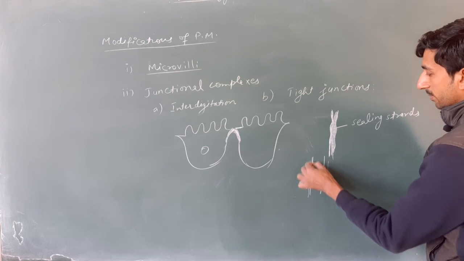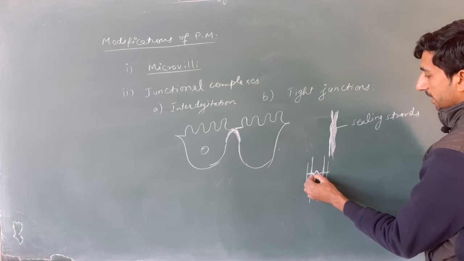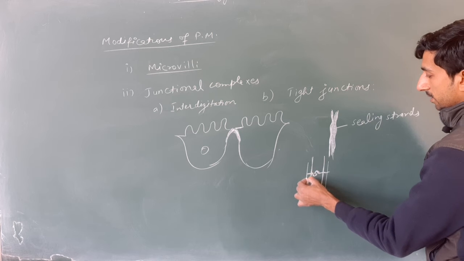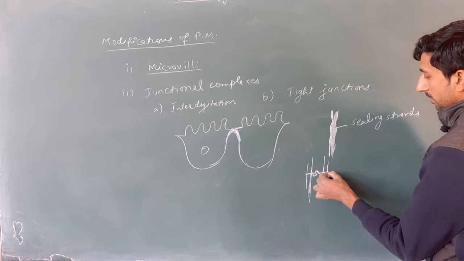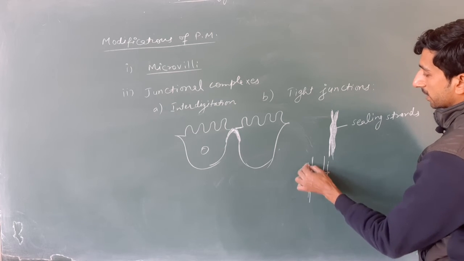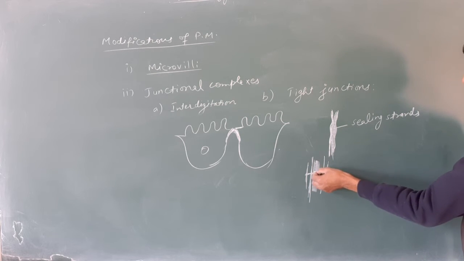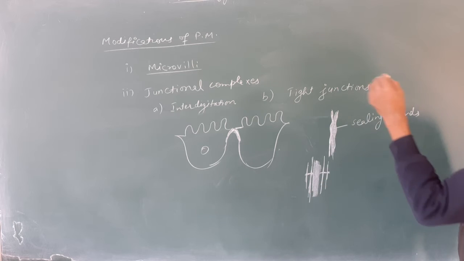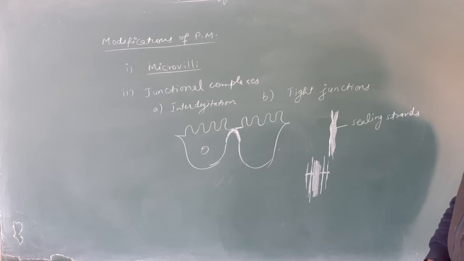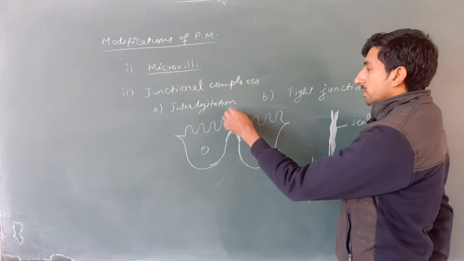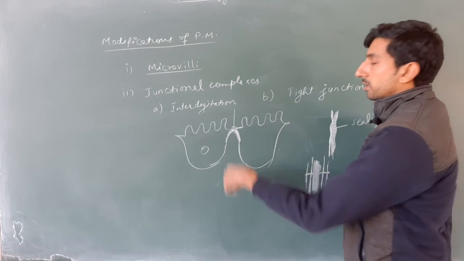This is the plasma membrane, these are membrane proteins, and these are filaments of the cytoskeleton, and in between the two membranes, a sealing strand is present. These are tight junctions. This does not allow the movement of anything across them.